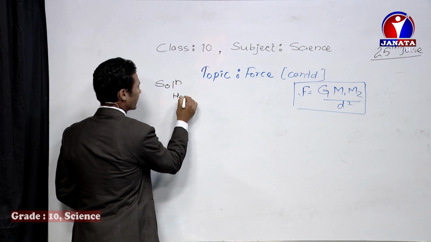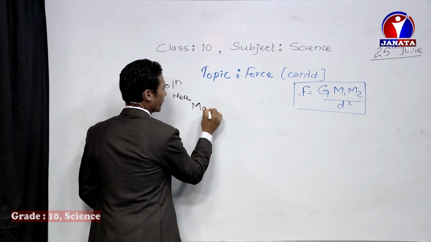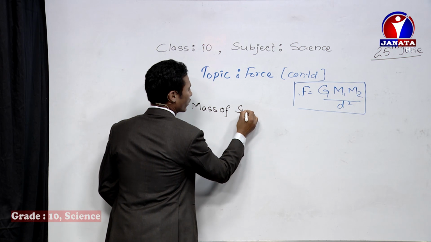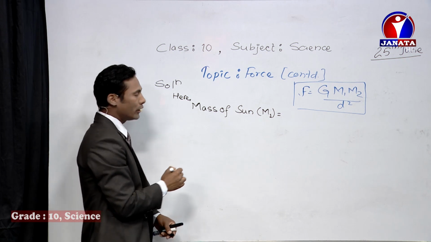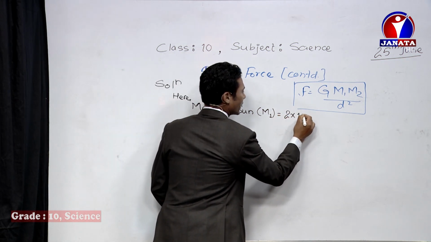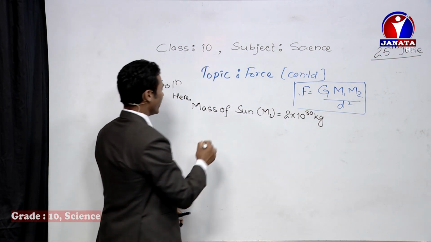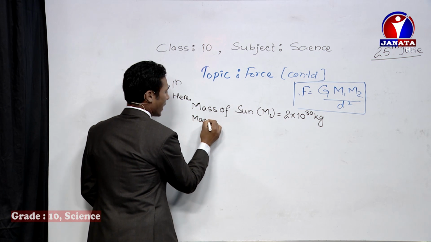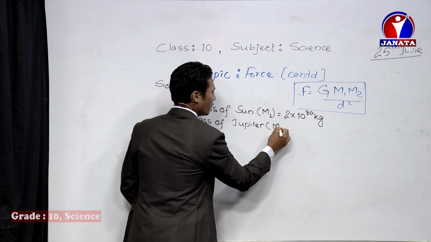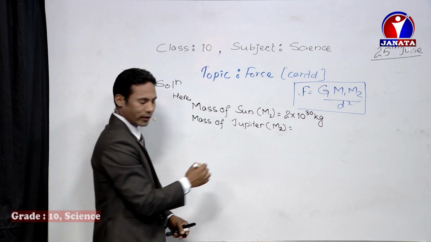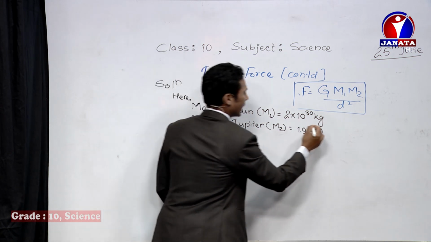Solution. What is given in the question is the mass of the sun. I will represent this as m1, which is given as 2 into 10 to the power 30 kg. This is the mass of the sun. Similarly, the mass of Jupiter, I will suppose this m2, is given as 1.9 into 10 to the power 27 kg.